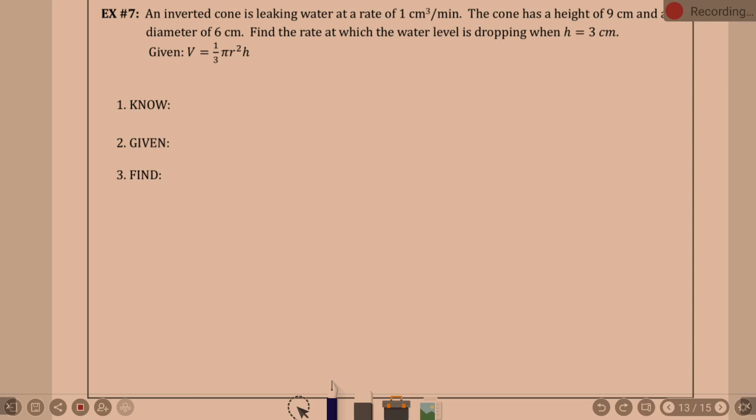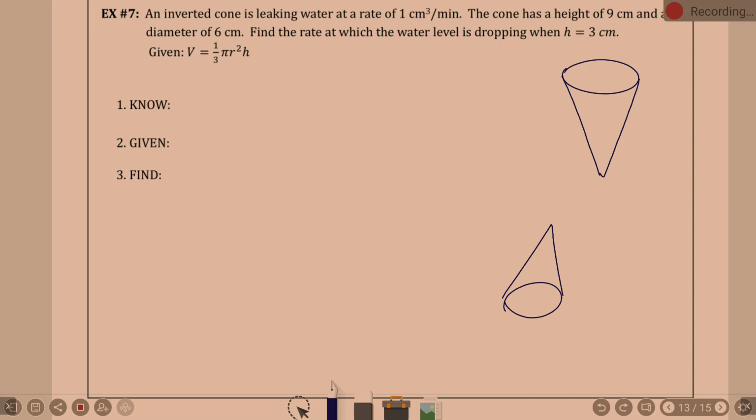Which way is the cone? Inverted cone means it is upside down. Yeah, so it'd be like an ice cream cone, but upside down. Like we are ice cream cones, this is an inverted cone. So a regular cone would be like a party hat. See, that looks backwards to me.